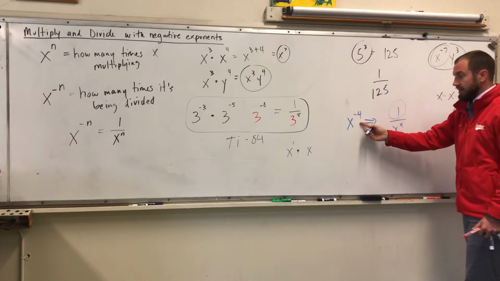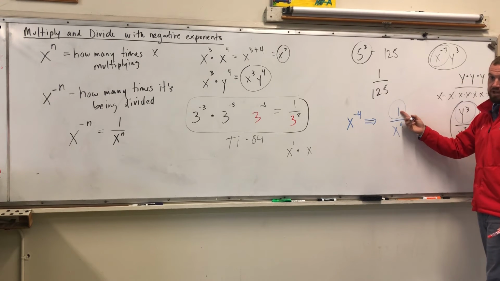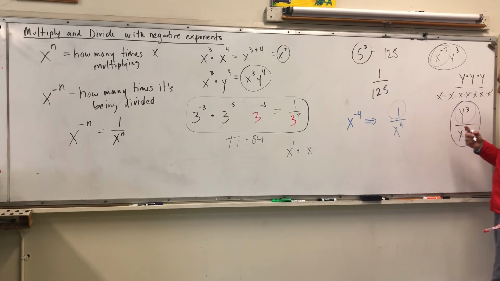I don't have anything in this example to take the place of my numerator, so I say it as a 1. Where here, I have something that's taking the place of the numerator. I could say 1y to the third over, but there's really no purpose to that. Do you understand that? Yeah.